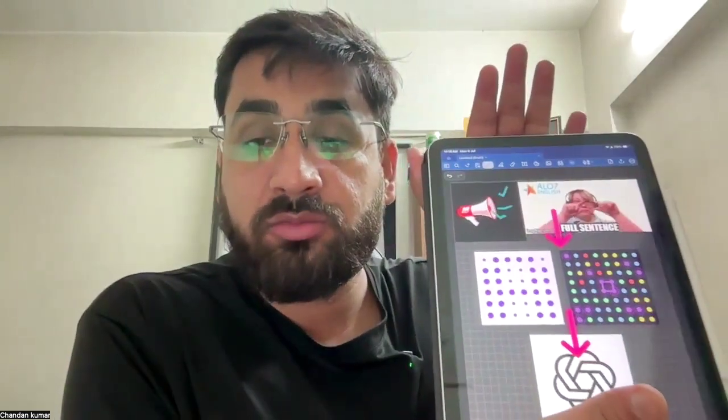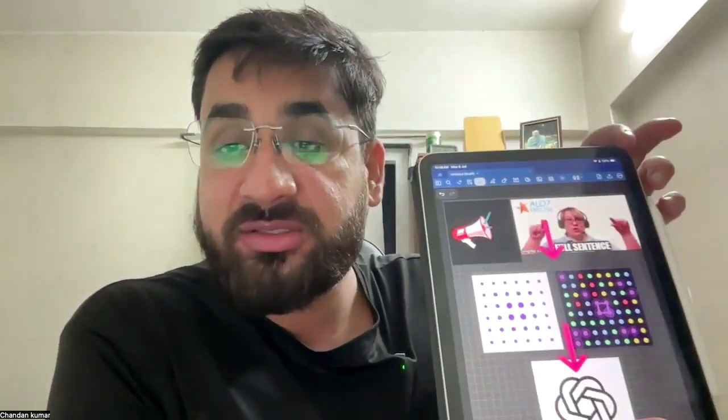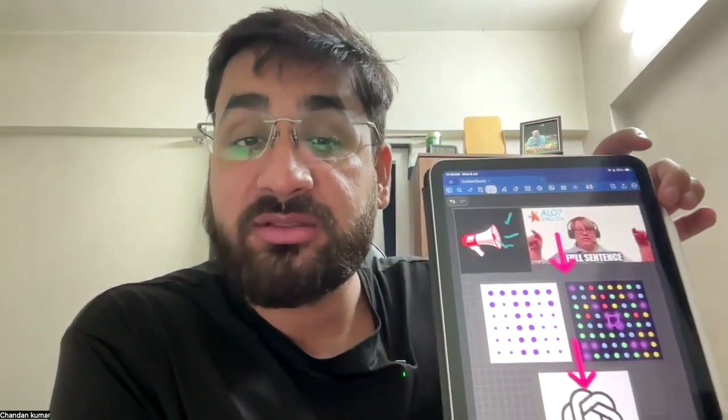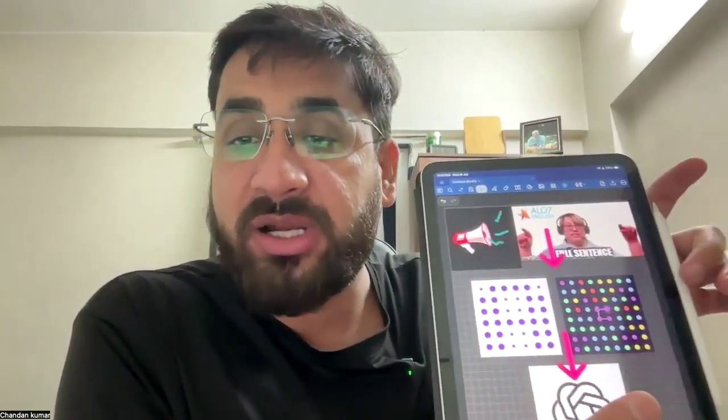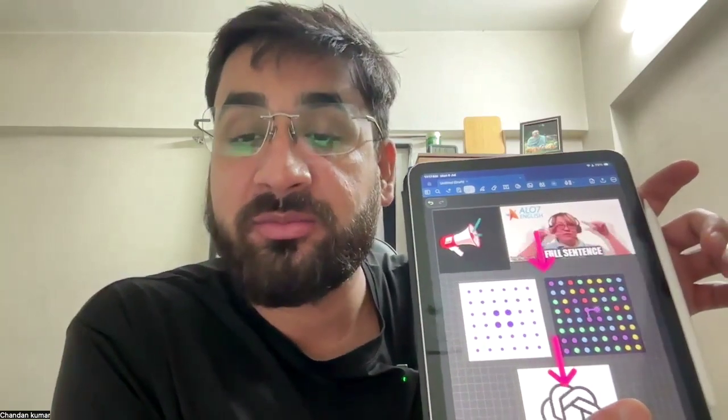Now let's connect these things with AI. Why are we learning this? The real thing is, again, look at this picture. We have this voice and we have this sentence, and even an image can be passed. It is converted into this second part, which is called a matrix.